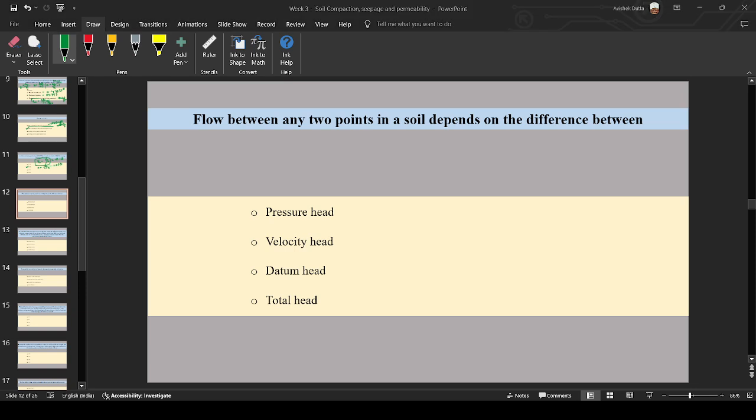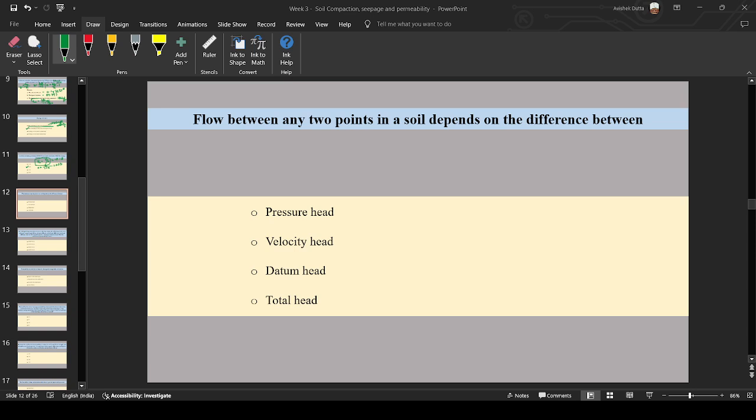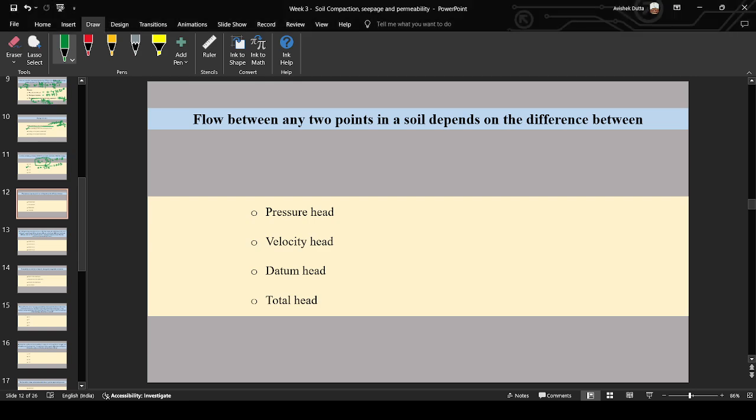Flow between any two points in a soil depends on the difference between what? What is the answer? Pressure head. Pressure head is just one factor.